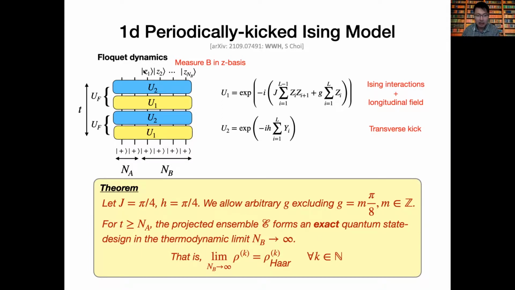So the catch is that we have to take the number of qubits that we're measuring to be infinite. More precisely, we can match every moment of the ensemble with the Haar random ensemble, every kth moment.